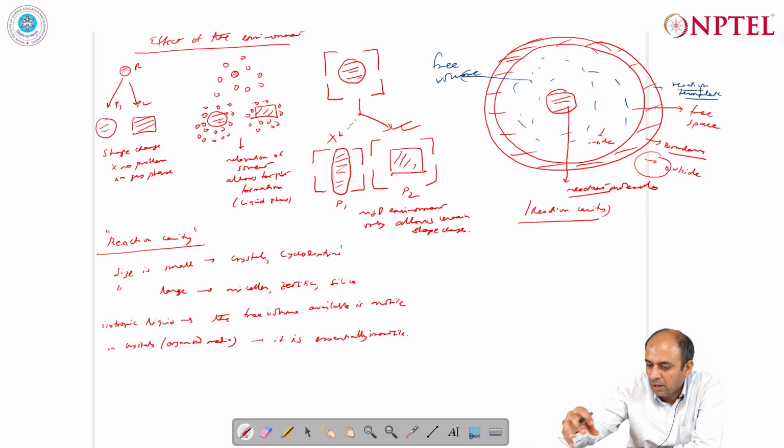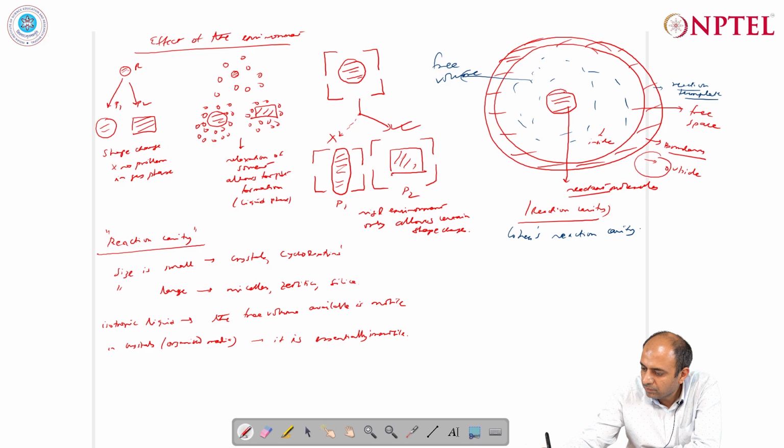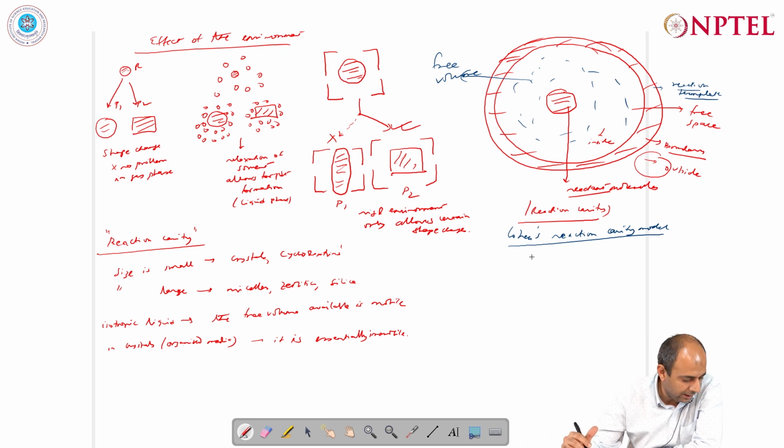So the free space or the free volume allows for the necessary tolerance to be present in the system for the chemical reaction to take place, and this model is referred to as the Cohen's reaction cavity model. Cohen was a scientist where Gerhard Schmidt was working, and after the untimely death of Gerhard Schmidt, it was Cohen who actually took his work forward, started looking at the overall features of supramolecular reactions, and then proposed this reaction cavity model.